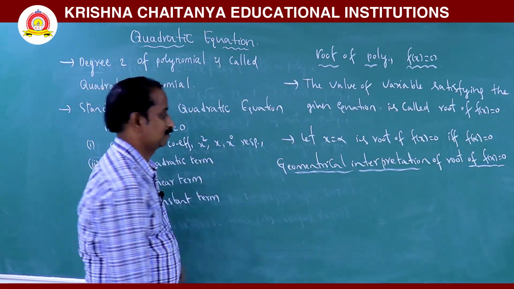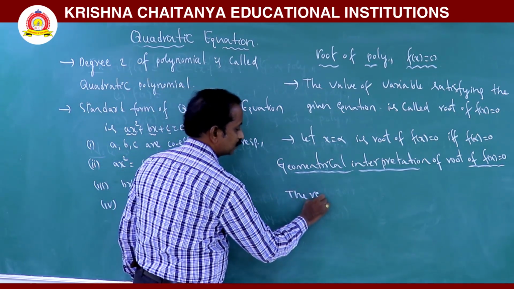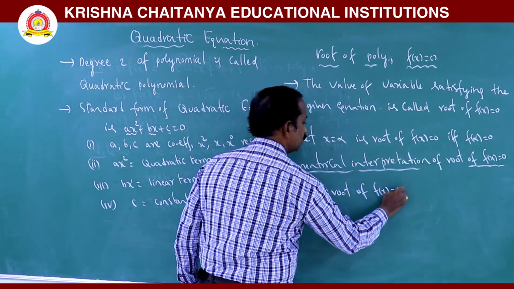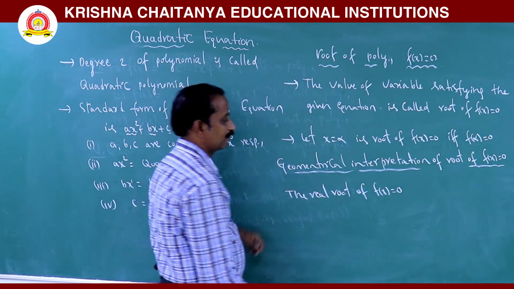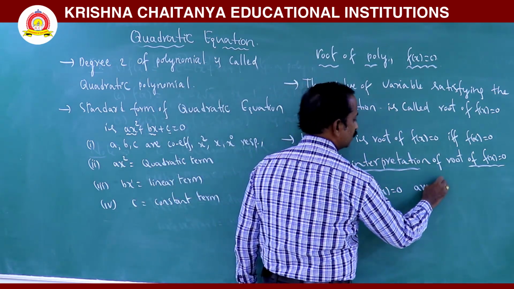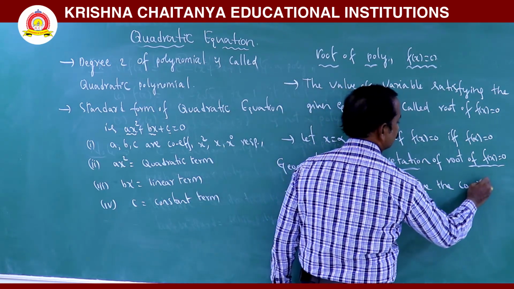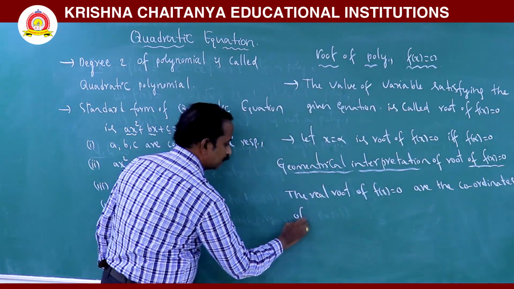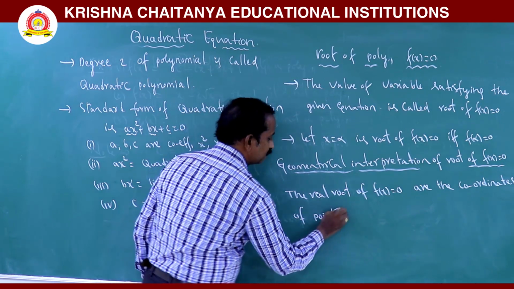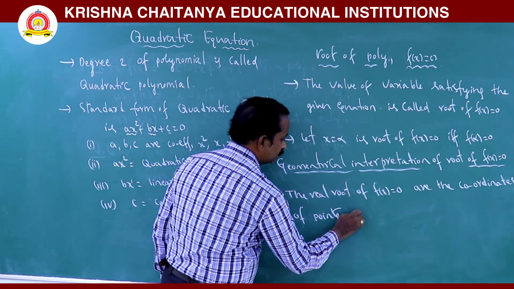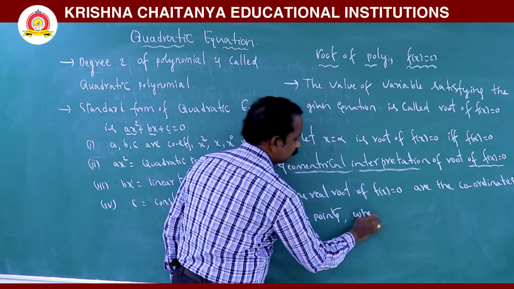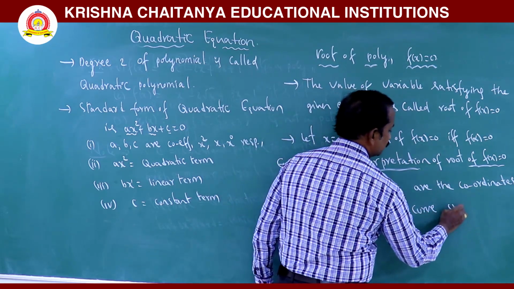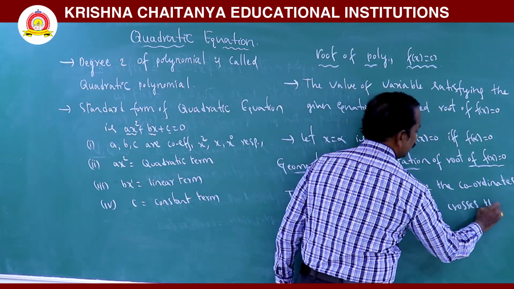The real roots of f of x is equal to 0 are the coordinates of points where the curve crosses the x-axis.